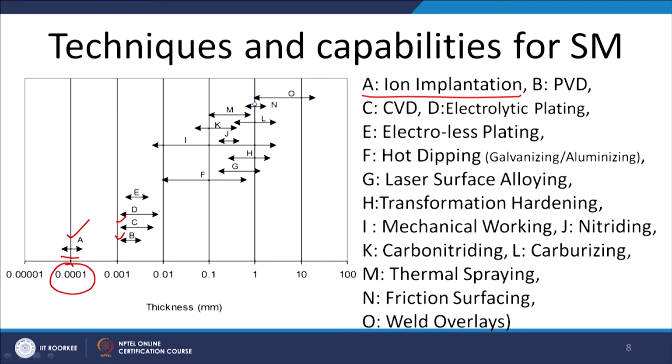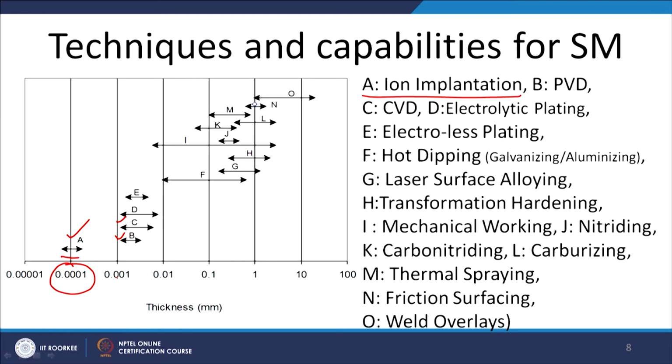If we see, ion implantation results in surface modification to a minimum possible depth, less than 1 micrometer, and then somewhat greater depth, like 1 micrometer to 100 micrometer.